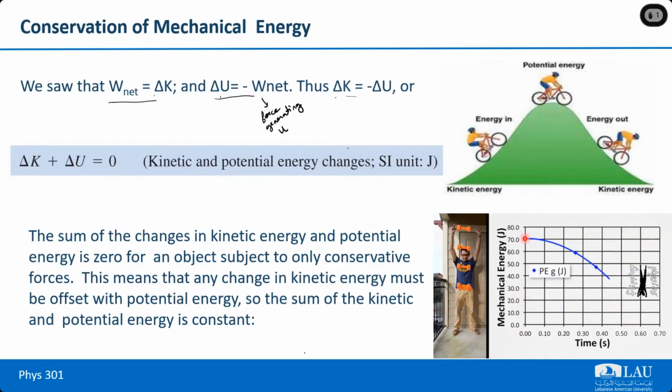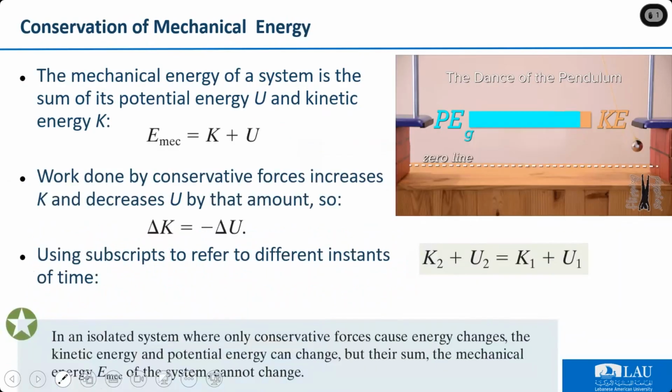But if you add these two, the potential and the kinetic energy, they always have a constant sum. This constant sum I will name the mechanical energy of the system. So I will define the total or mechanical energy of the system to be the kinetic plus the potential energy.